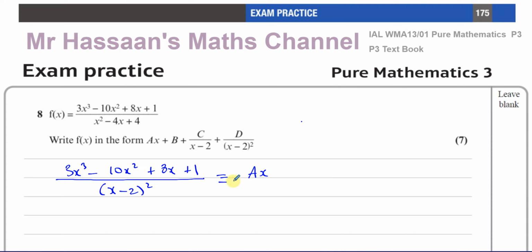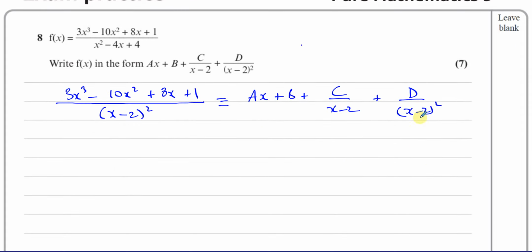So this is identical to ax plus b plus c over x minus 2 plus d over x minus 2 squared. Now I'm going to multiply both sides of this identity by x minus 2 all squared, in which case this side will just be 3x cubed minus 10x squared plus 8x plus 1.